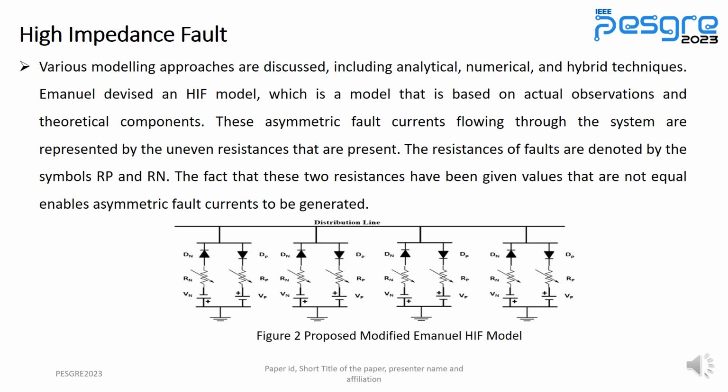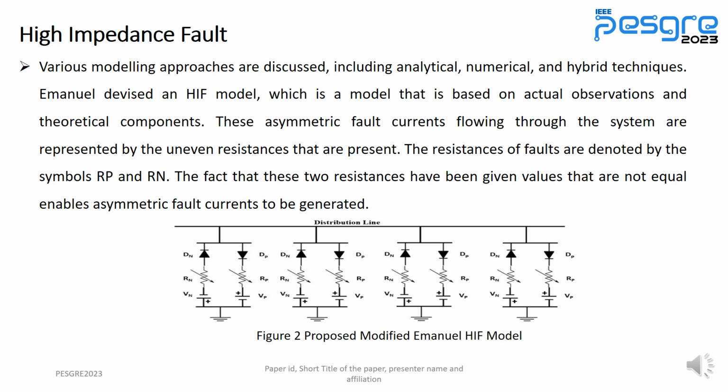One of the important models is the Emmanuel high impedance fault model. Emmanuel devised an HIF model which is based on actual observations and theoretical components. These asymmetric fault currents flowing through the system are represented by the uneven resistances that are present.